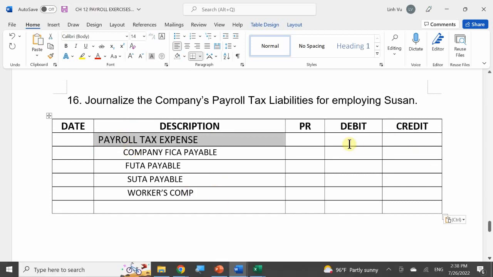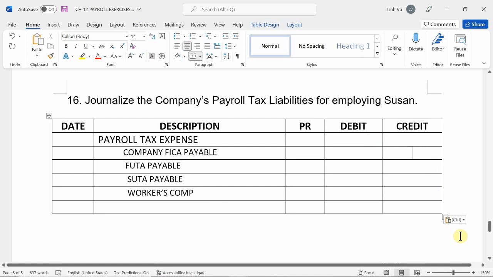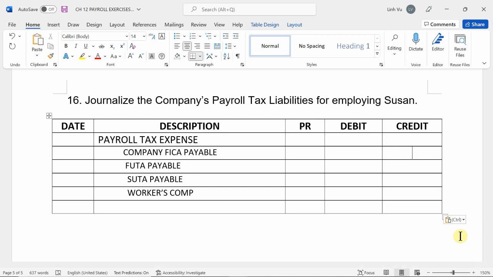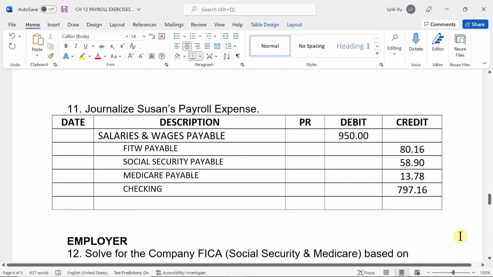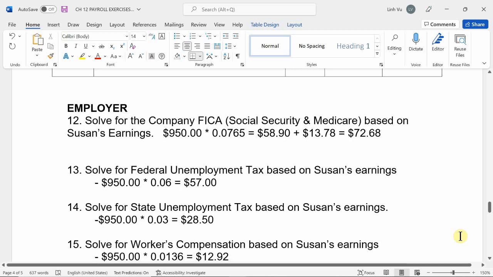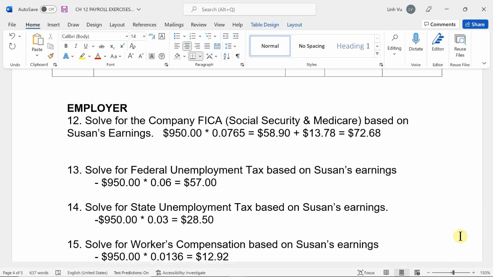Good. How much company FICA? $58 for Social Security, plus Medicare for $13. We got $72.68.